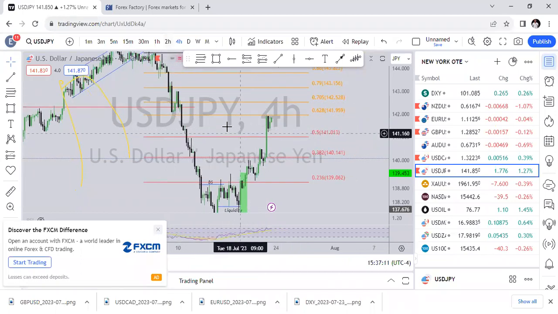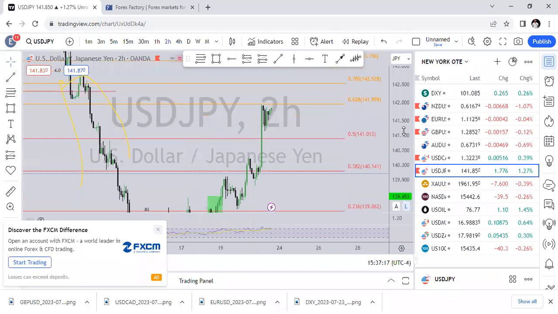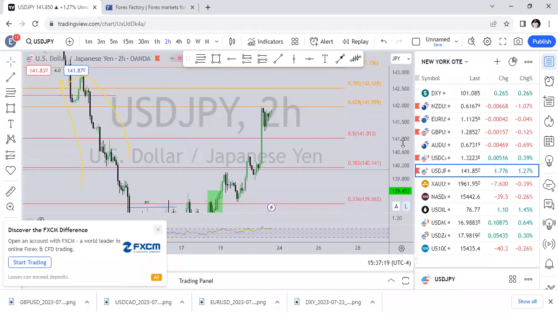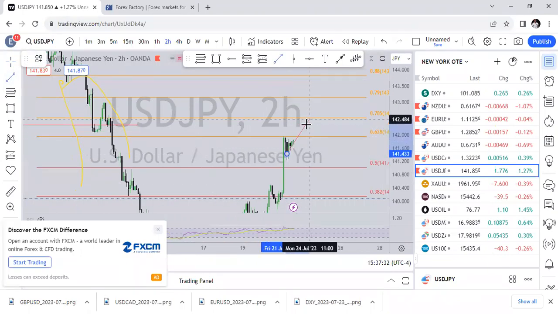Right about now, if I want to trade this for the week, I will start looking for signs that it actually wants to go down. But we might still see it go a little bit higher into this region.